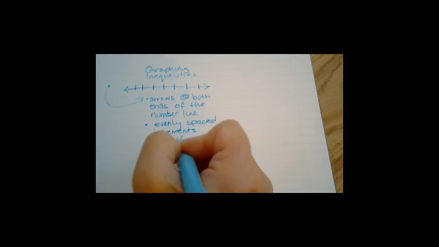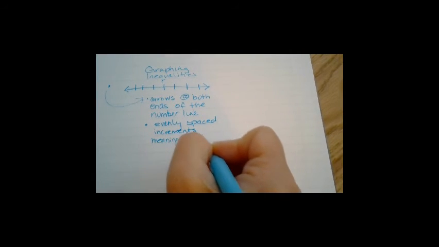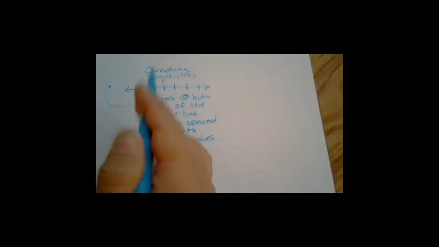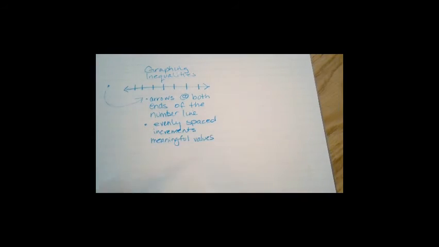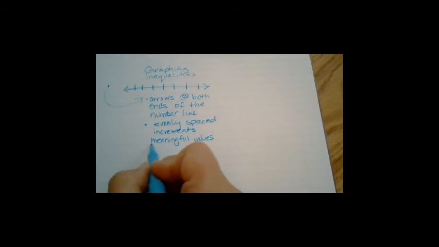Again, I do not want to write numbers all the way up to 100 if I'm checking to see if my inequality exceeds 100. So I want to make sure that those values are meaningful to the part we are using.